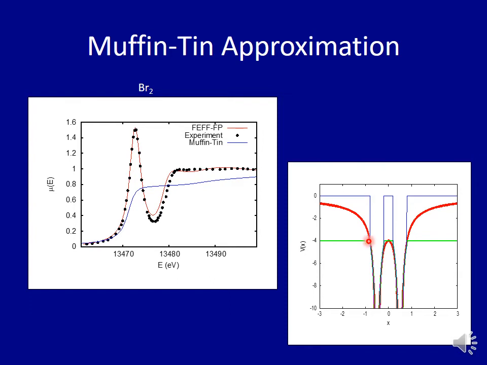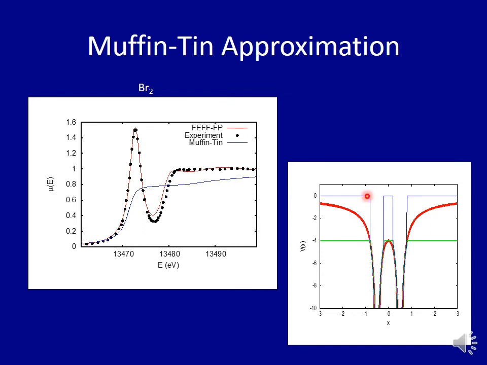You can choose it to be down at where the bond is, and in that case, you might represent the bond reasonably well, or electrons that are atomically bound might be in roughly the right place, but you will miss any binding that's molecularly bound, molecular states that are bound in this region.